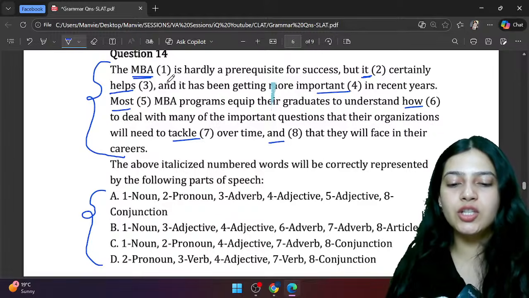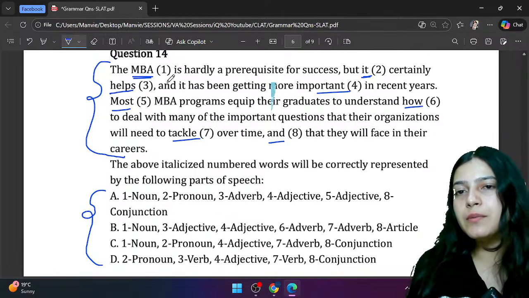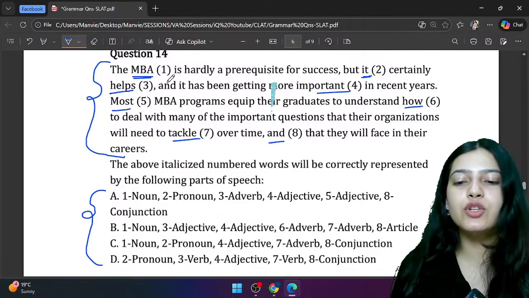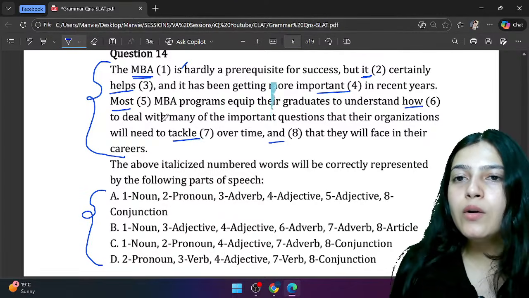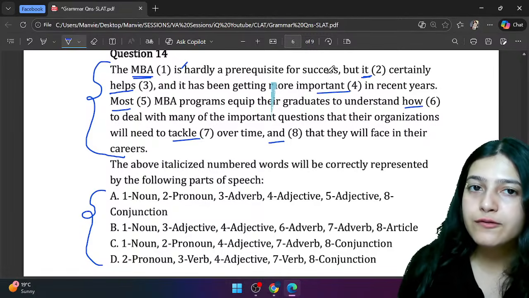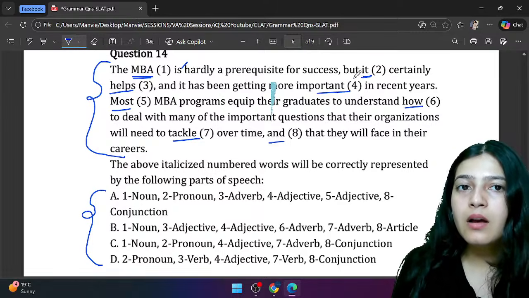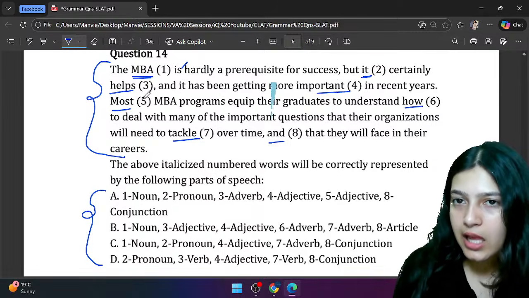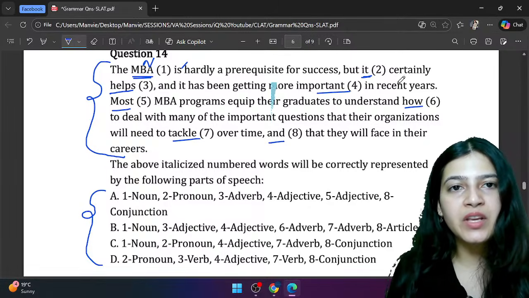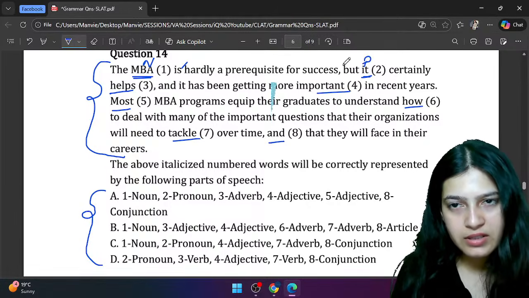So in this particular question, we'll read the sentence, the paragraph, and then we'll see which one is the correct answer. So they say the MBA is hardly a prerequisite for success, but it certainly helps. So the MBA here, MBA is a noun. It is a pronoun obviously.